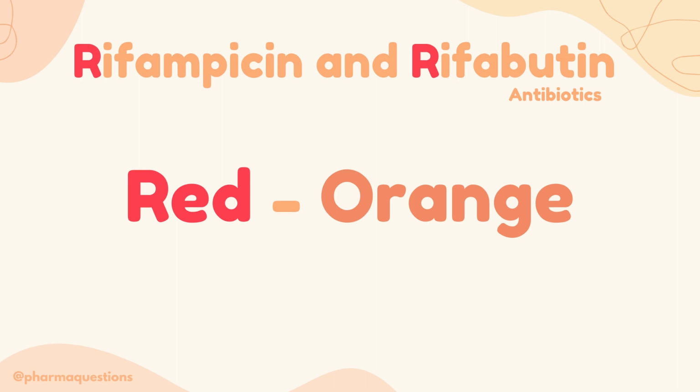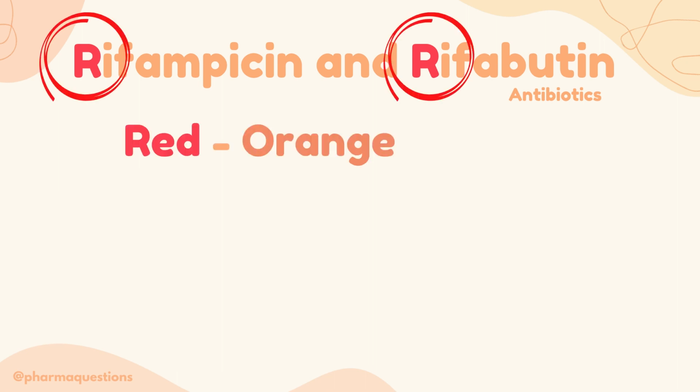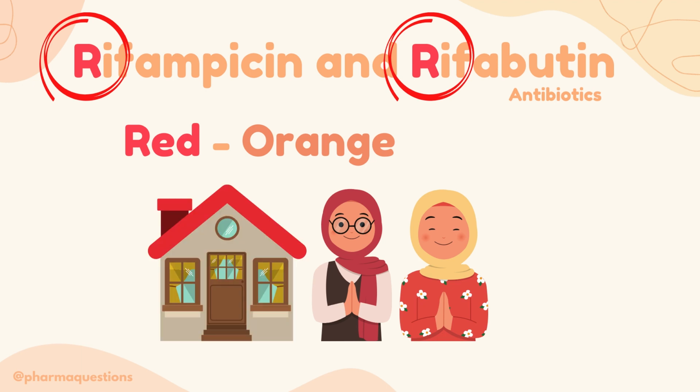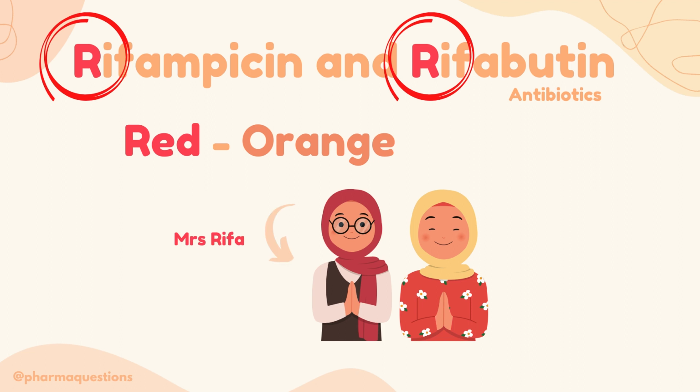I'll be sharing another little story with you all. Here we have Mrs. Reefer and Miss Reefer. They are neighbours with the same name, which is quite rare as the name is unique. Mrs. Reefer's favourite colour is red, so she always wears a red head covering, whereas Miss Reefer on the other hand loves the colour orange, so she chooses to wear an orange head covering.